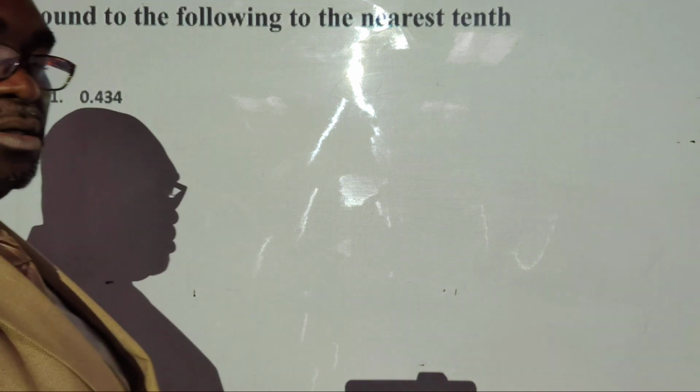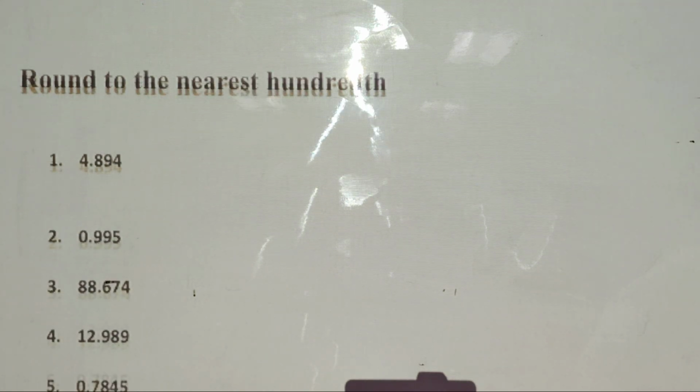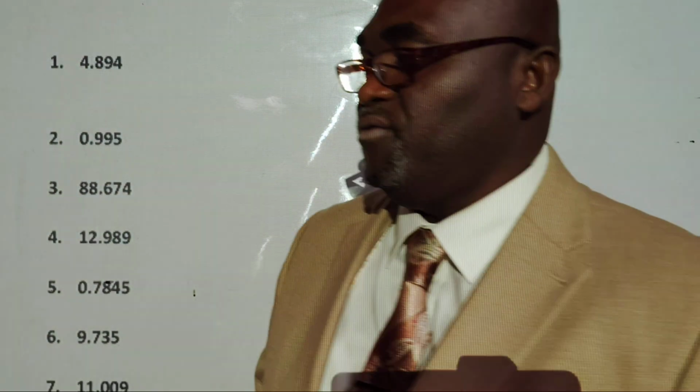How to round to the nearest hundredth. Once again, dear friend, you gotta be able to identify where your hundredth place is. We talked about that. Okay, we say your hundredth place is what?